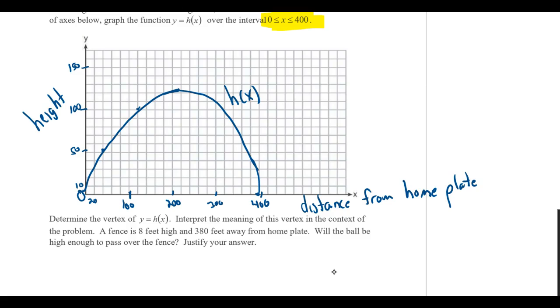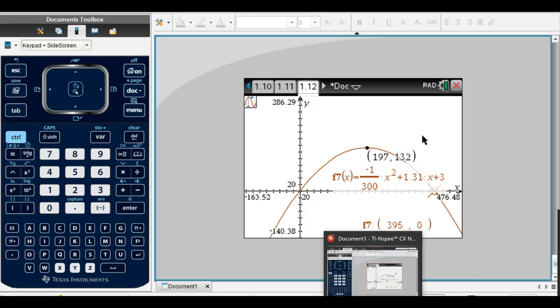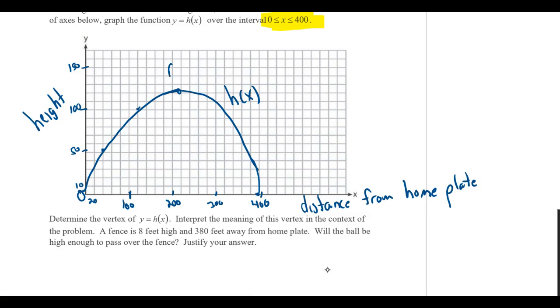Determine the vertex of h of x. Interpret the meaning of this vertex in the context of the problem. So the vertex we found was the maximum point, which was 197 and 132.